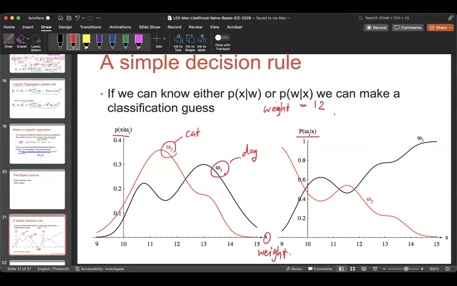Which animal is this if my weight is 12? How would I answer this?